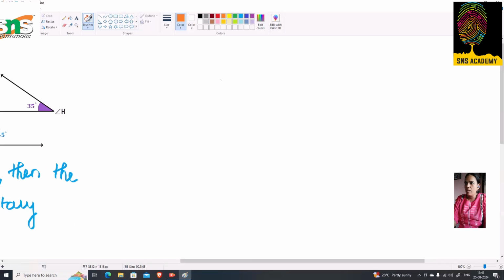For example, I have taken 120 degrees and the second one is 60 degrees. So we are adding 120 and 60. What is the answer? Yes, it is equal to 180 degrees. Suppose I am considering 110 degrees and the second angle is 70 degrees.